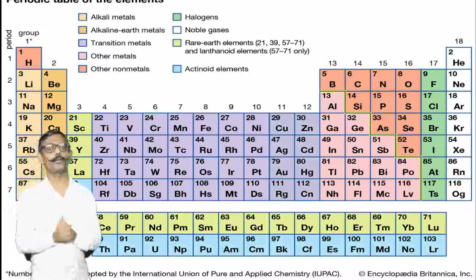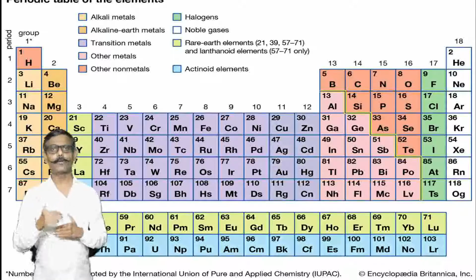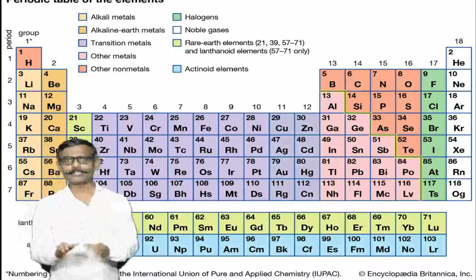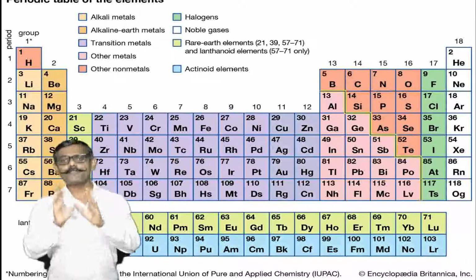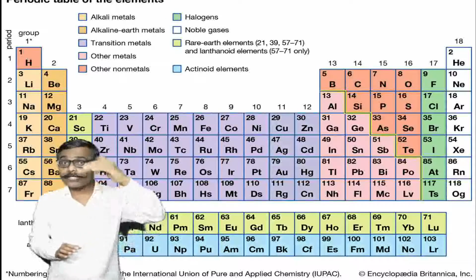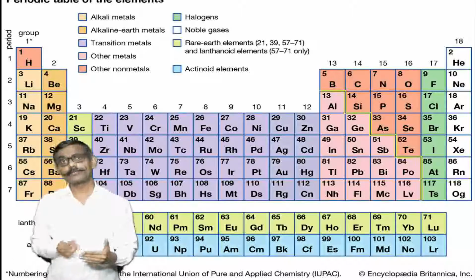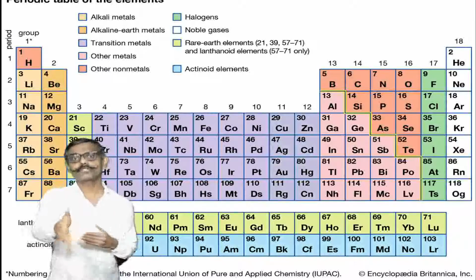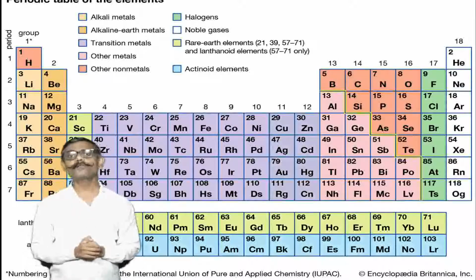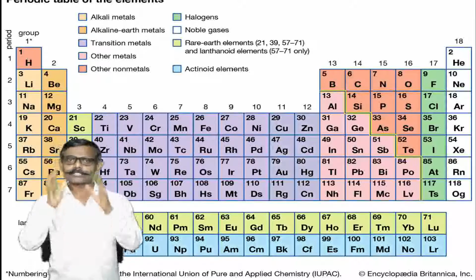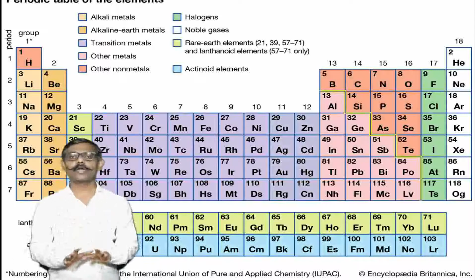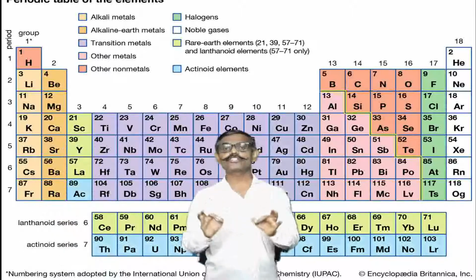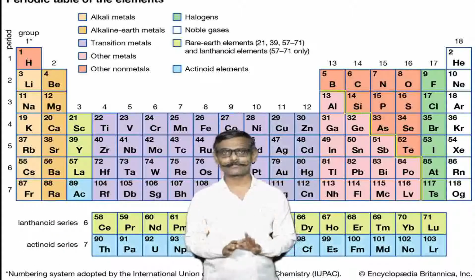But from the property point of view, understanding point of view, the elements in which f orbitals are progressively filled, means even if electrons are not there, we still need to consider them, because very soon they are going to fill progressively. Such elements are called inner transition series elements.